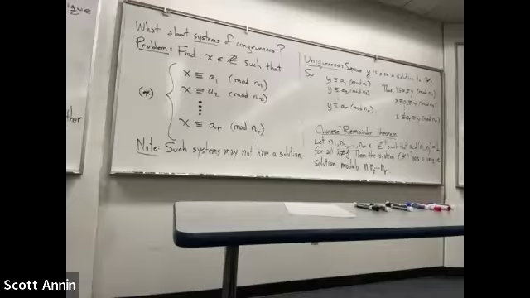Since n1, n2, up to n_r are pairwise relatively prime, what we can say is that x minus y is a multiple of the product of all of these n's.